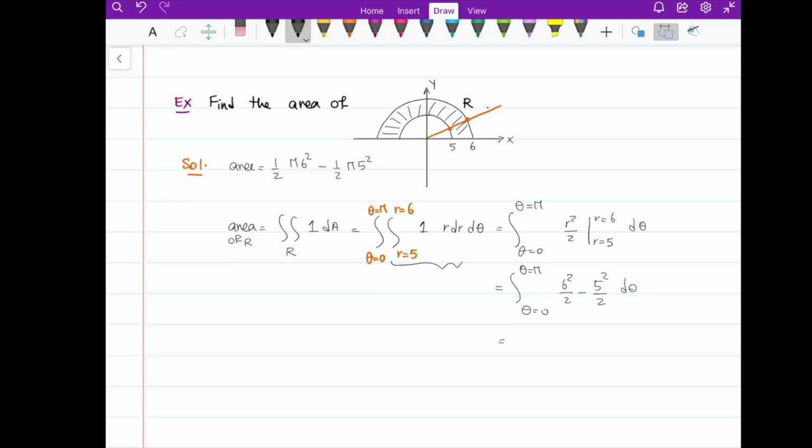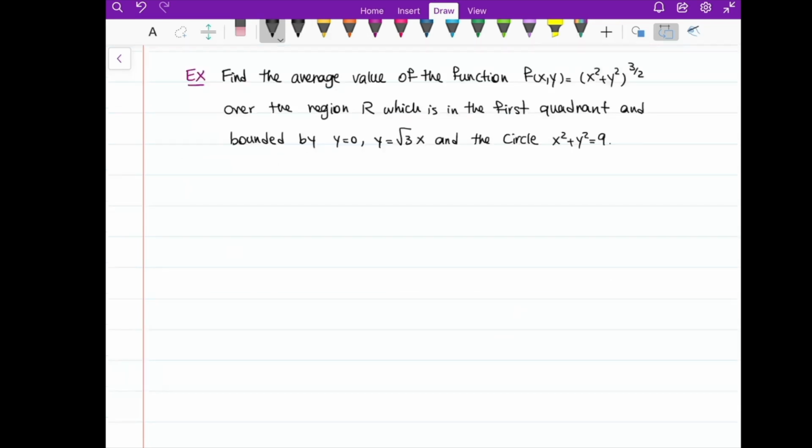So this is just a constant, 6 squared over 2 minus 5 squared over 2 times theta from 0 to pi. So it would be 1/2 times 6 squared minus 5 squared, times pi. As you see, these two are the same.